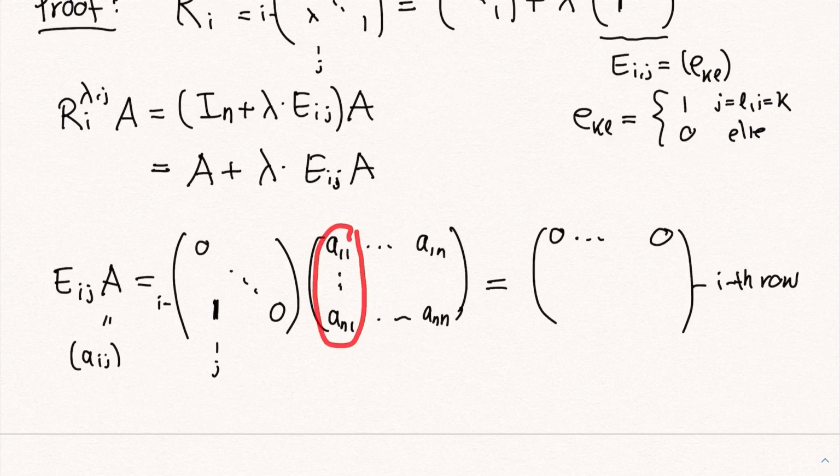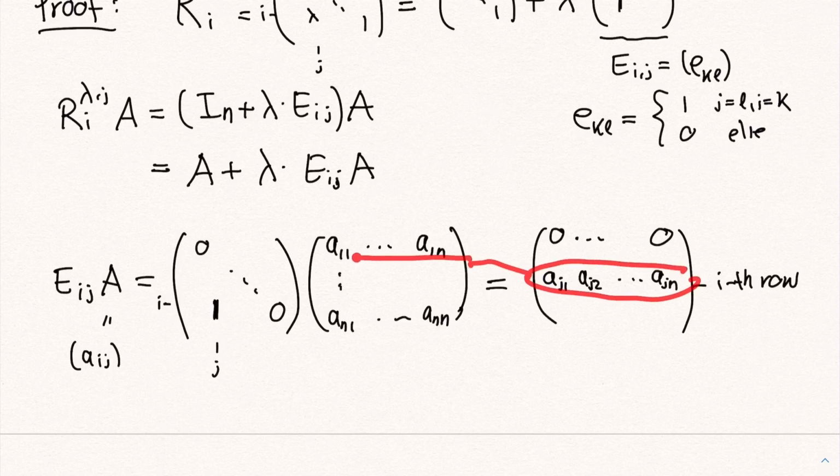If I multiply this vector here, because here I have the jth row, I take the jth row of A. So the first entry would be a_j1, the second entry would be a_j2, up to a_jn. So this is really the jth row of A, but now it's in the ith row.